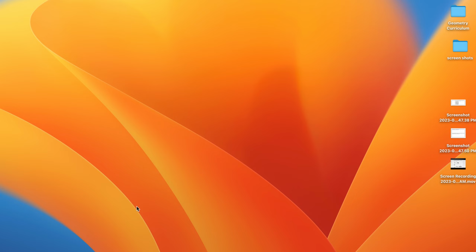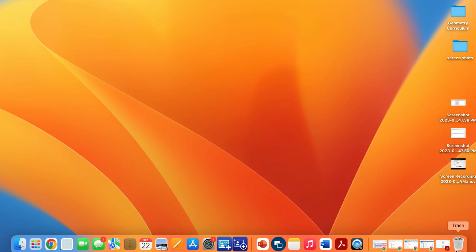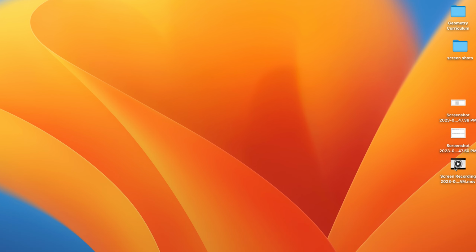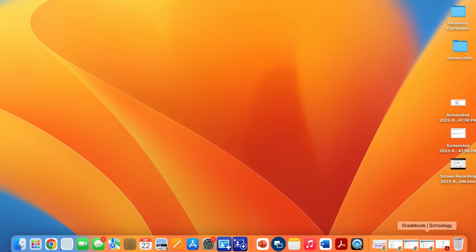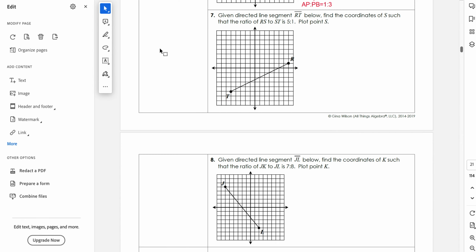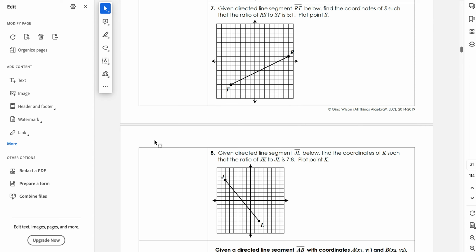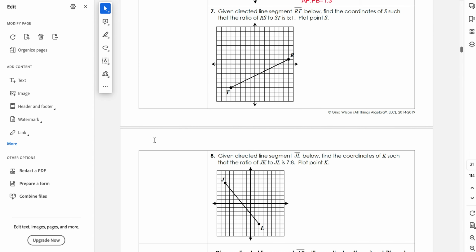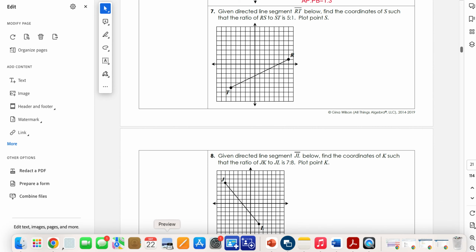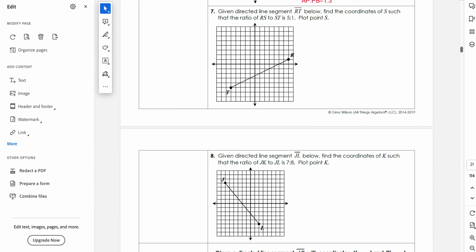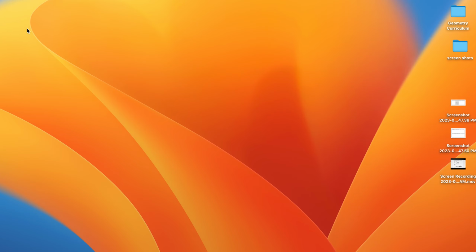Let me see if I can find that. I always have trouble turning this off. Let's see if I can do it. It's supposed to be right there somewhere. No? Alright. So let me go ahead and close that out. And then let's see if I can quit.